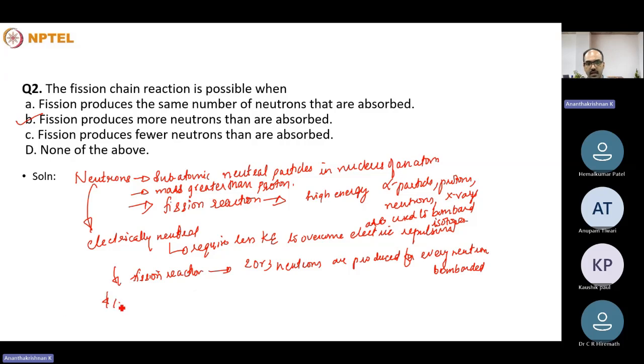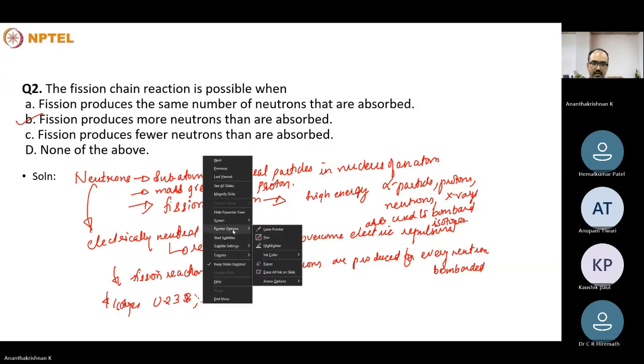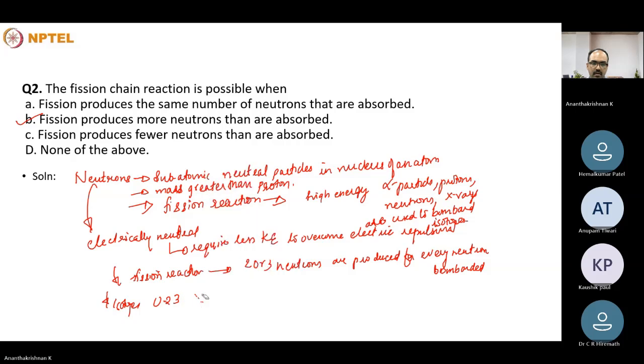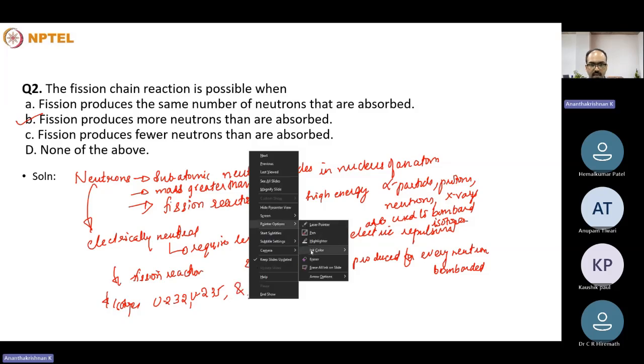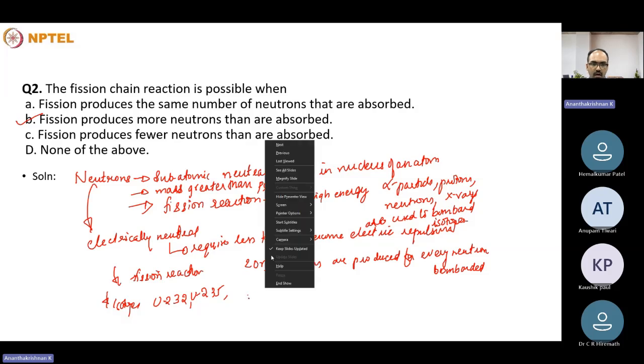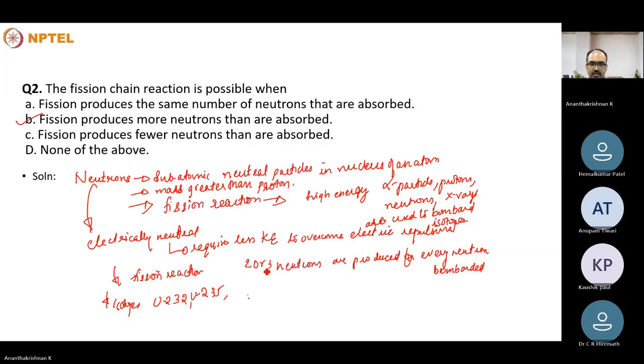Usual isotopes are uranium 232, 235, and 238, and this can be bombarded by low energy neutrons.